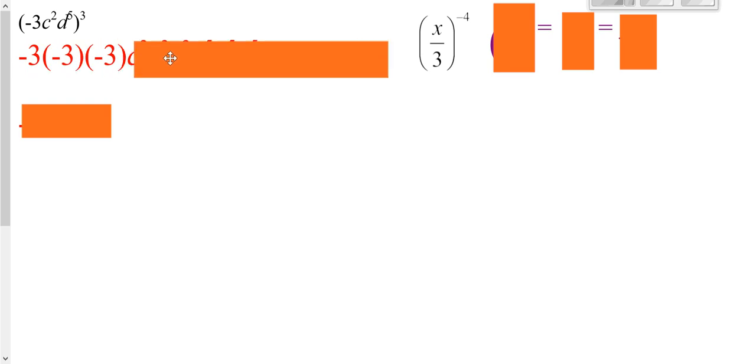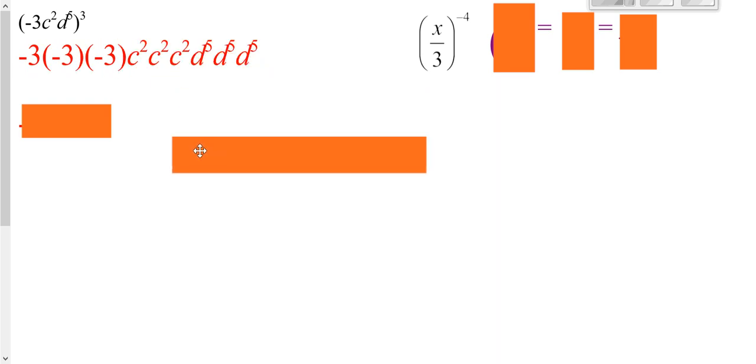So here we're cubing. Once again, cubing means you have to take the parentheses and multiply by itself 3 times, which, since it's all multiplication, really means everything's multiplication in the parentheses, and everything's multiplication between the parentheses, so you can multiply in any order you want.